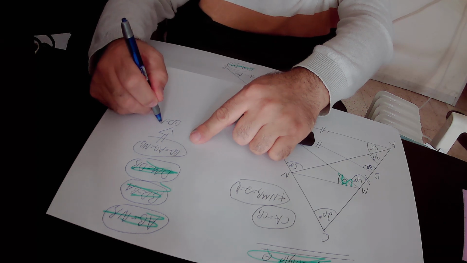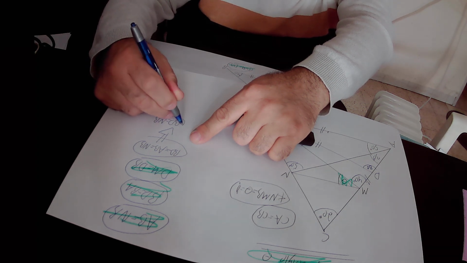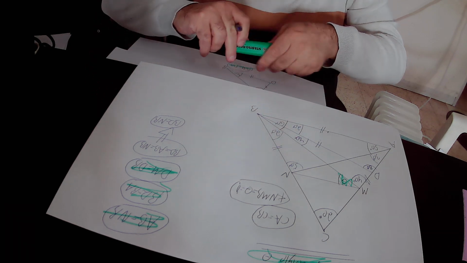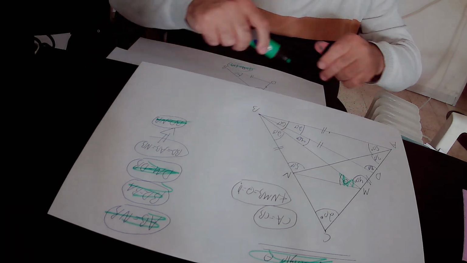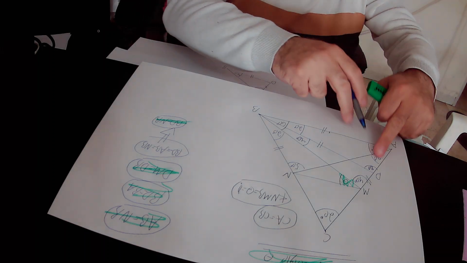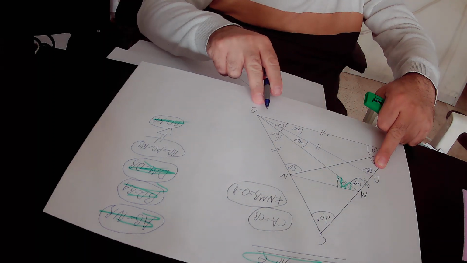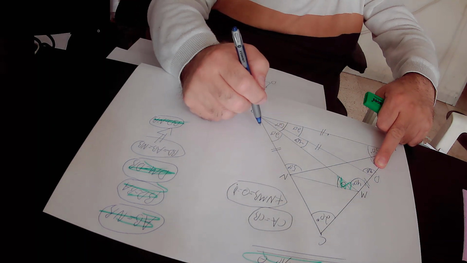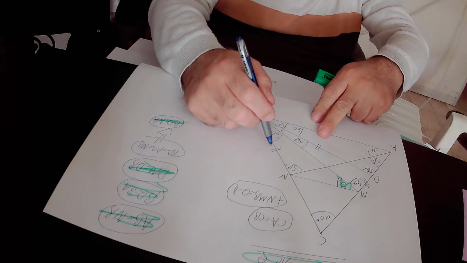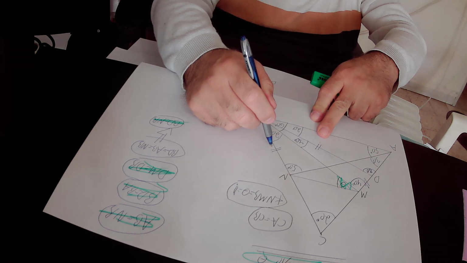Side BD equals side NB. Here, this is side DB, that is equal to side NB, and those two sides are equal to each other.